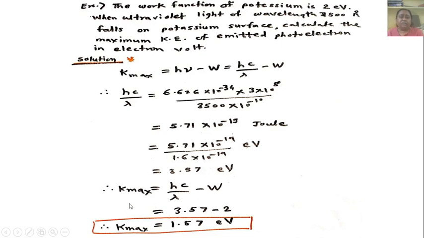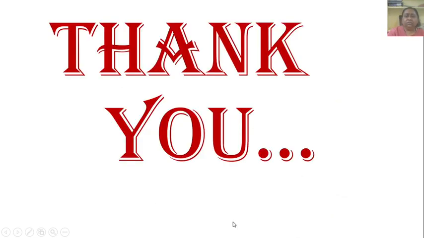So maximum kinetic energy Kmax = hc/λ − W. Putting the values here, we get 3.57 − 2. So we get maximum kinetic energy = 1.57 electron volt. Thank you.